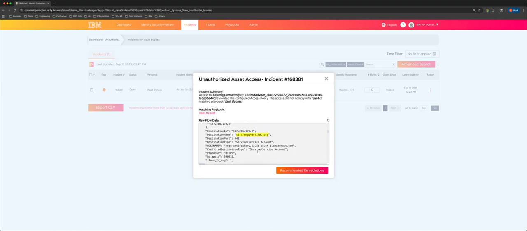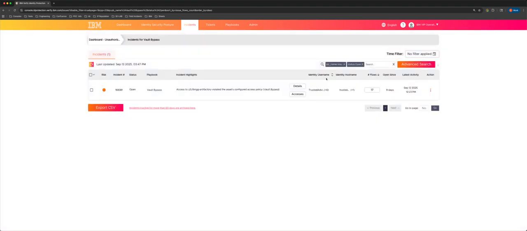So when we're looking at the logs, we won't actually see Vault here, and this is the reason the incident triggered. Similar to a normal unauthorized access playbook, any deviation from the rule will trigger an incident. And we have a few users here that are basically violating this rule.